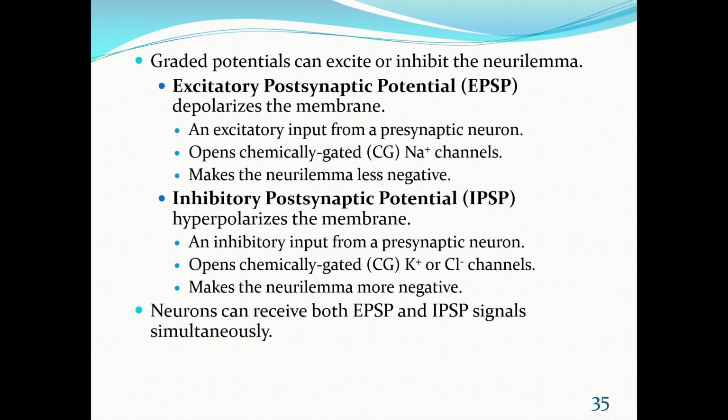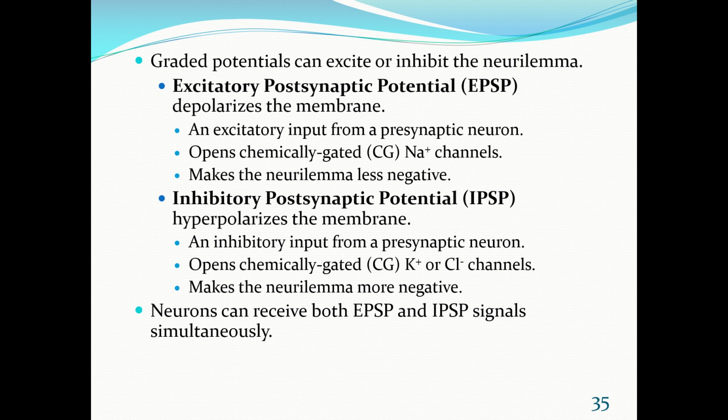Inhibitory postsynaptic potentials are going to hyperpolarize the membrane, and an inhibitory input will come from a presynaptic neuron. It will open chemically gated potassium or chloride channels. Notice that chloride is negative. So we're either going to leave potassium out of the neuron, so potassium will leave, or we're going to bring the negative chloride in, and both of those actions will make the neurolemma more negative.